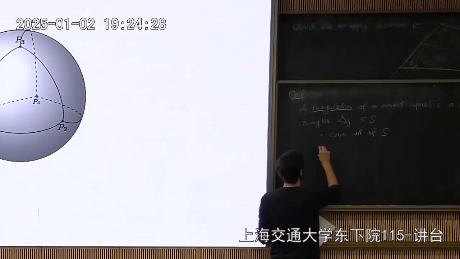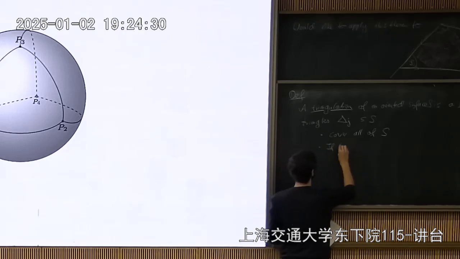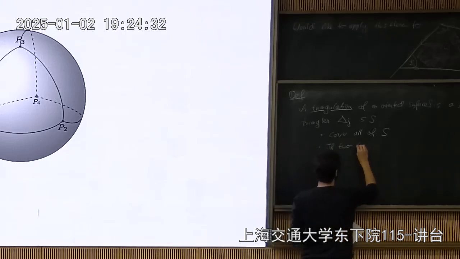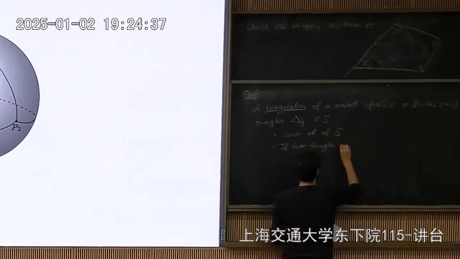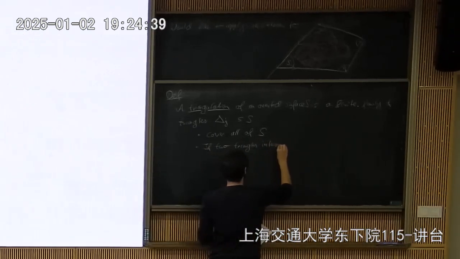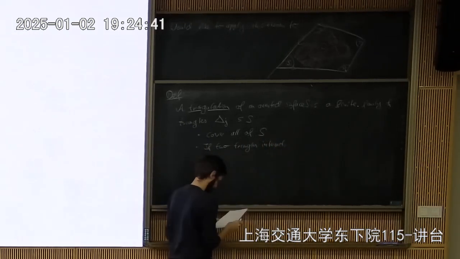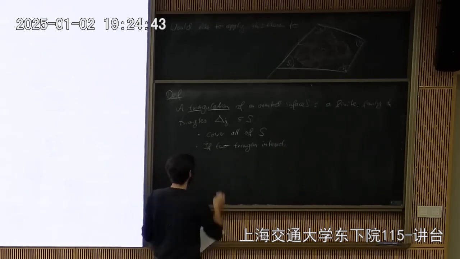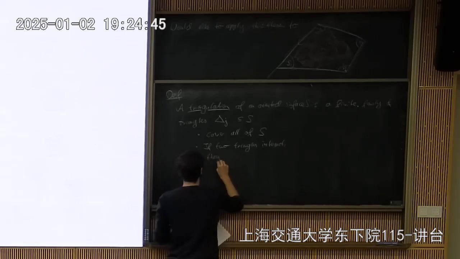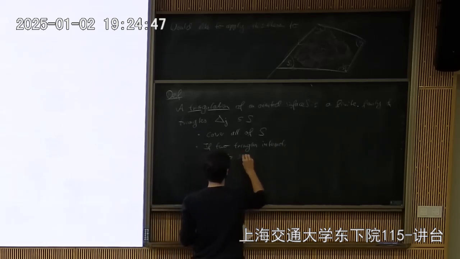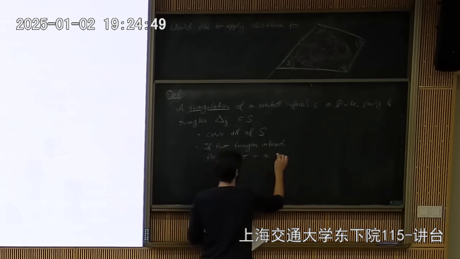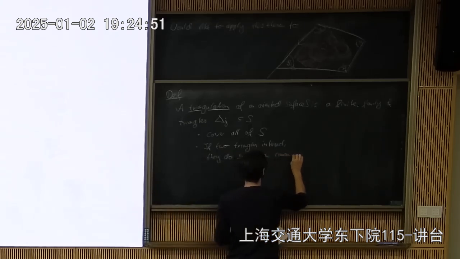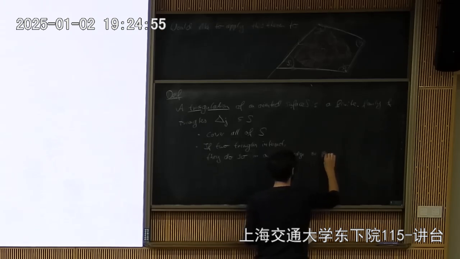And if two triangles intersect, then they do so in a common edge or point.